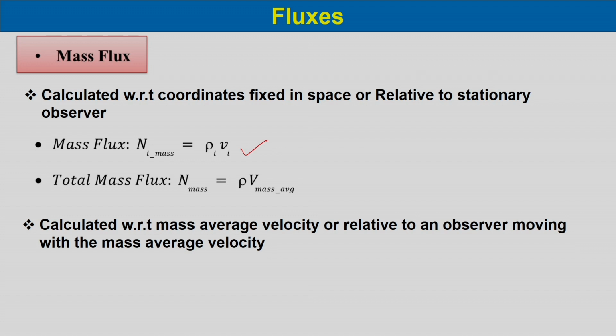Now, we can calculate with respect to mass average velocity, or relative to an observer moving with the mass average velocity. That is defined by mass flux in terms of j_i mass = rho_i (v_i minus v mass average velocity).